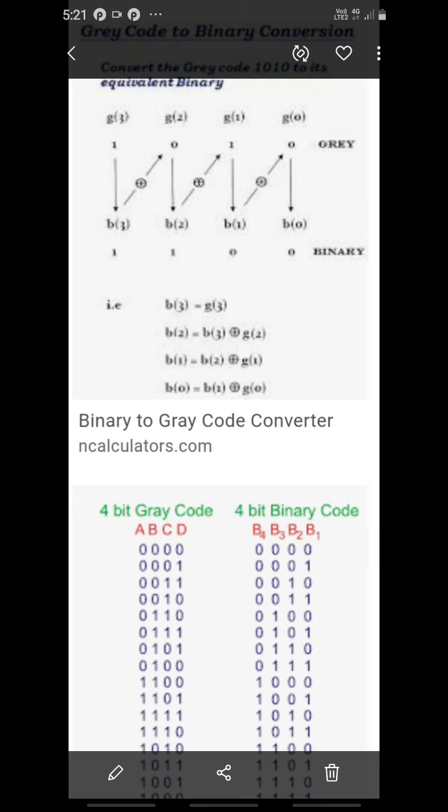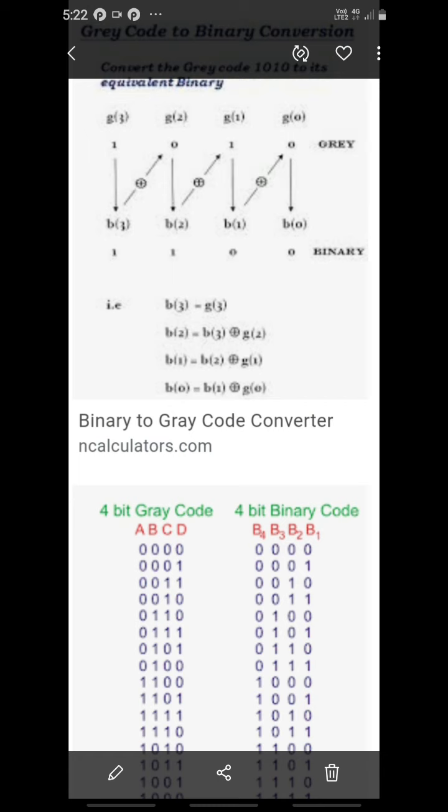Next, Gray to binary conversion. To convert from Gray to binary, a similar procedure is used, but there are some differences.